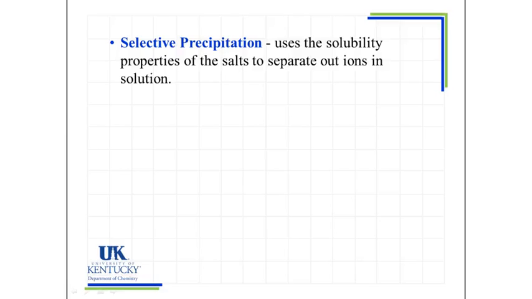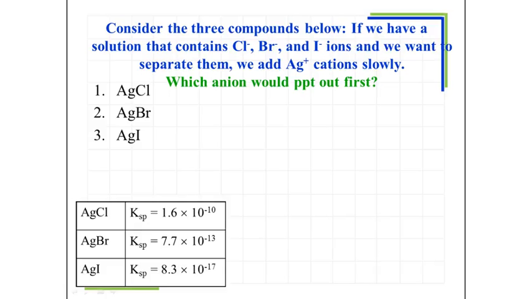Now we're going to utilize this concept of precipitation to talk about selective precipitation. It's going to use the different solubility properties of salts to separate out ions from solution. Let's start by considering this. You're going to look at this solution, and I have added some chloride ions, bromide ions, and iodide ions.